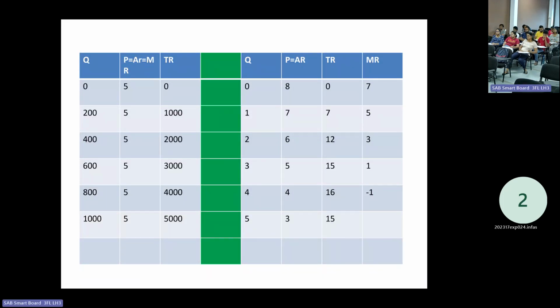So let's say price is 5. That equals average revenue and marginal revenue. And if you take the total revenue, you calculate price into quantity. So how much is 200 into 5? 1,000. So you can draw the total revenue curve with respect to these quantities. What are the two axes?